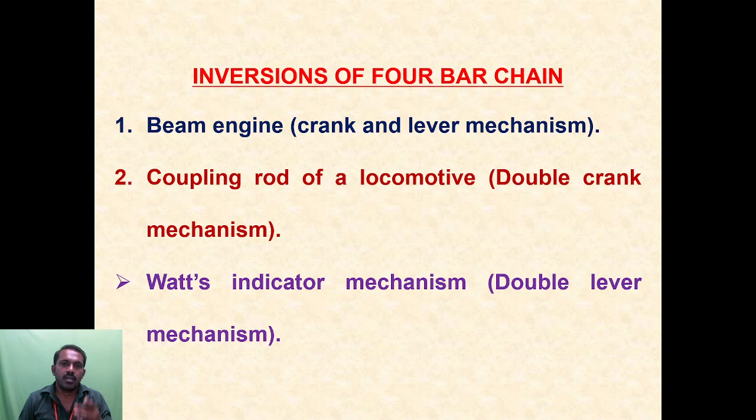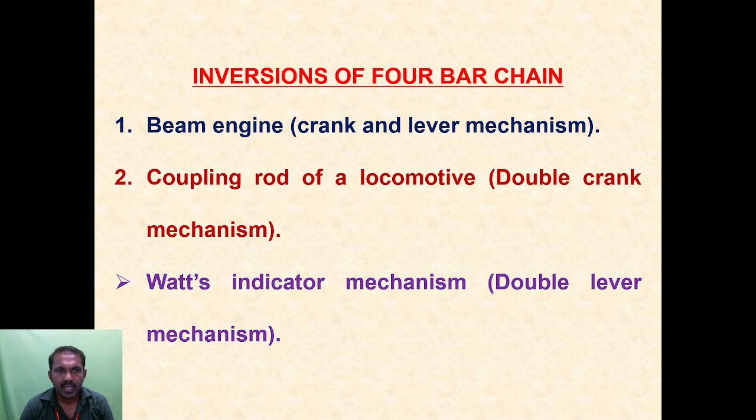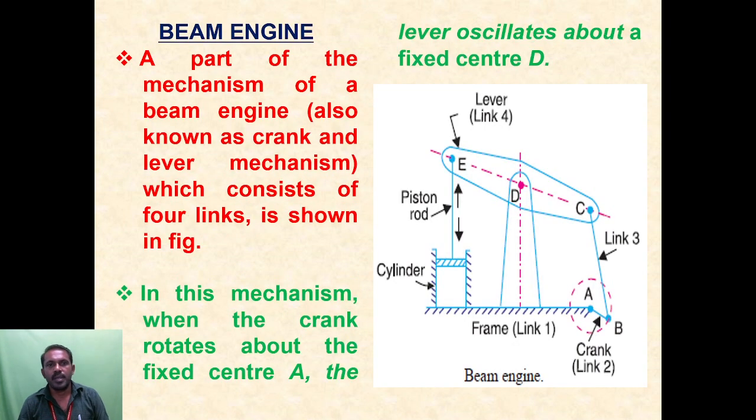Next, inversion of the 4-bar chain. Examples are the beam engine, the coupled wheels of a locomotive, and the Watt indicator mechanism. Here, first, the beam engine.